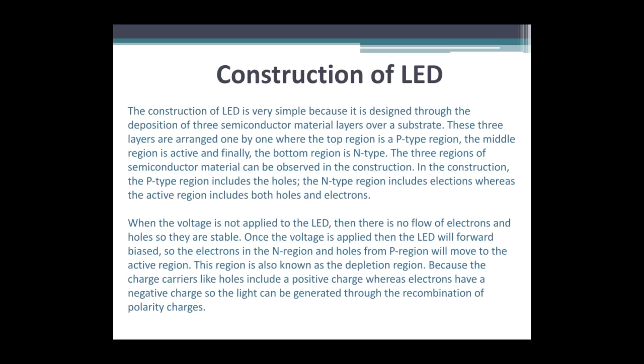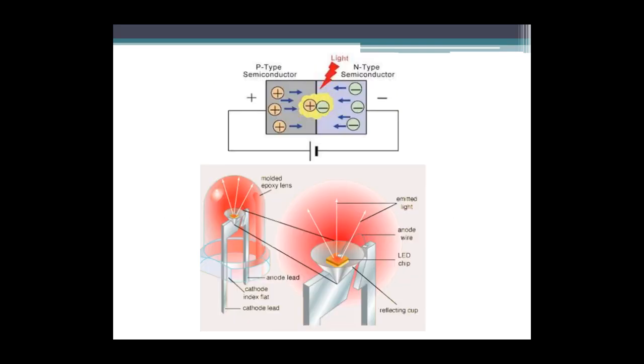This region is also known as the depletion region because the charge carriers like holes carry a positive charge, whereas electrons have a negative charge, so the light can be generated through the recombination of opposite polarity charges. Here is a diagram of LEDs.